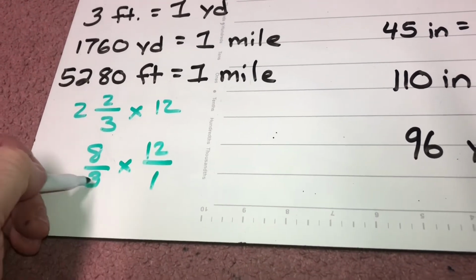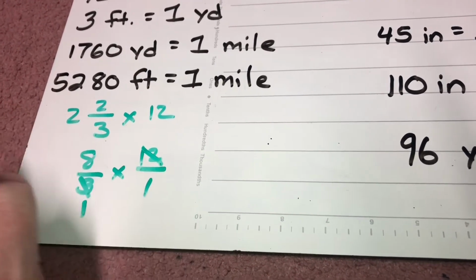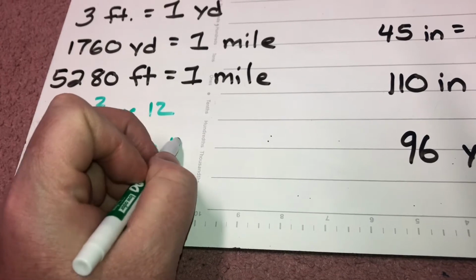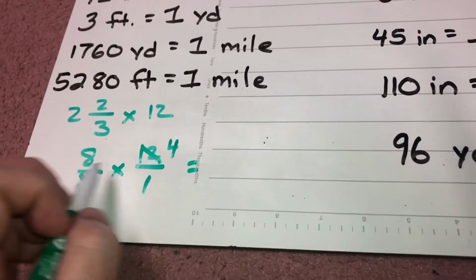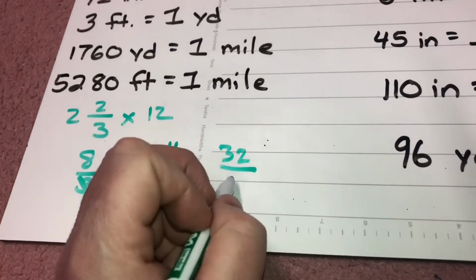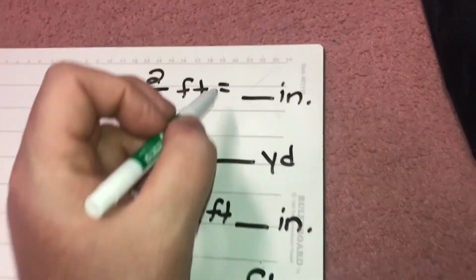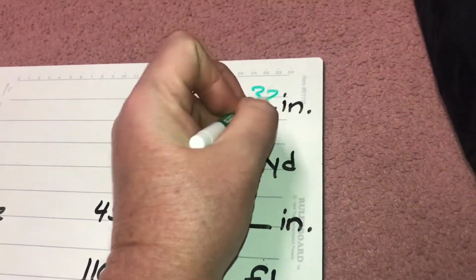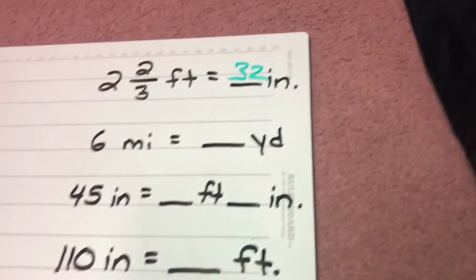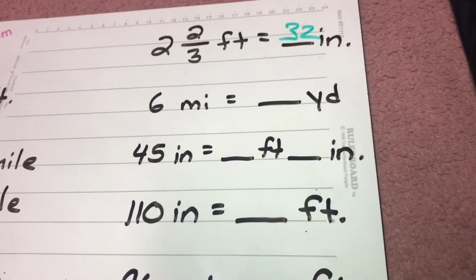Well, I can cross-check. 3 divided by 3 is 1. 12 divided by 3 is 4. So I can do 8 times 4, which is 32. 1 times 1, which is 1. I know that 32 over 1 is 32. So that tells me that 2 2/3 feet equals 32 inches.